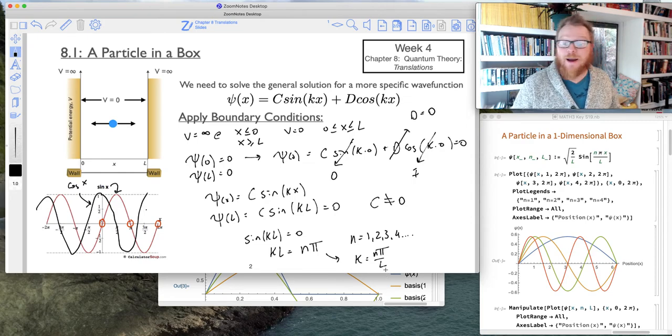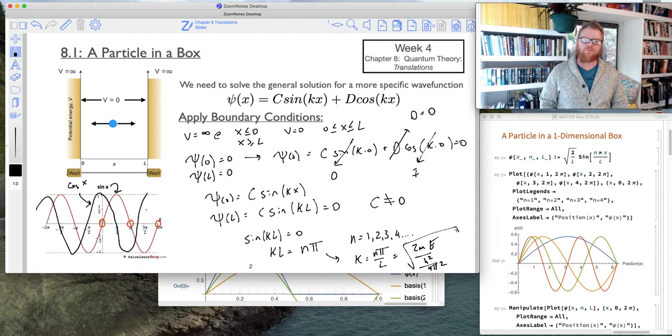So if we combine those two things, k equals n pi over L, but it also equals the square root of 2mE over, and instead of h bar squared, I'm going to write this as h squared over 4 pi squared.